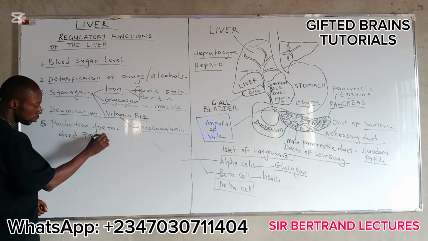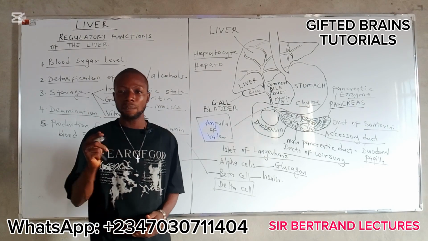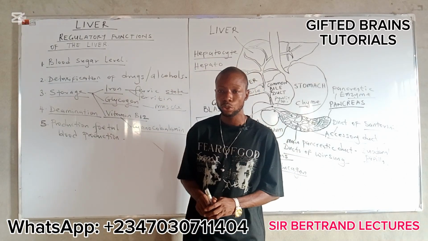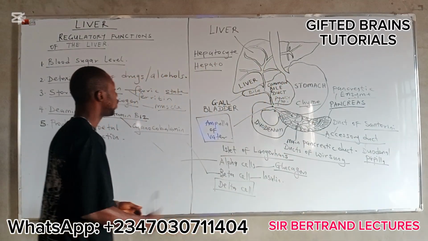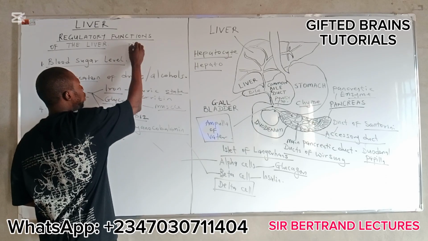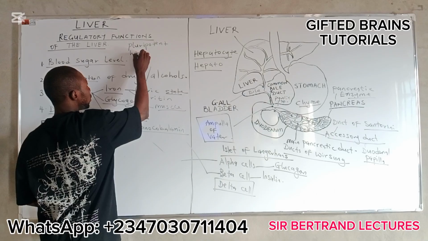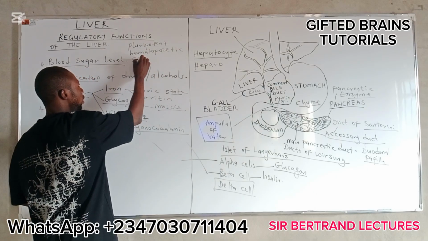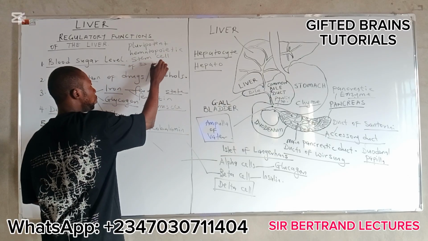The liver is responsible for fetal blood production. Normally, we know that blood is produced by the pluripotent hematopoietic stem cells of the bone marrow.